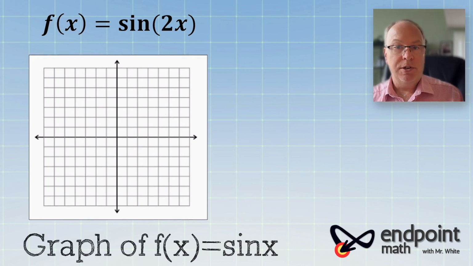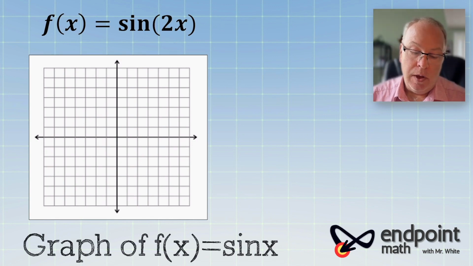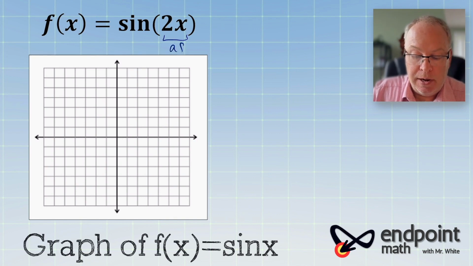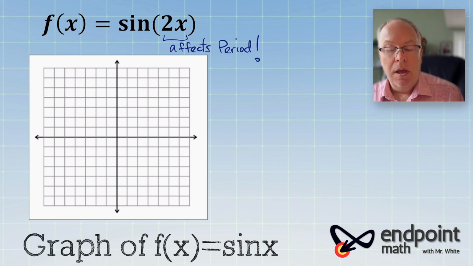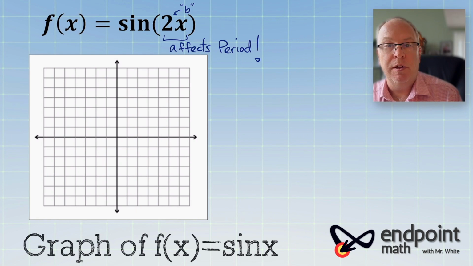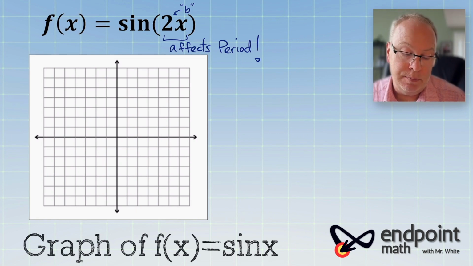What happens if there's a number on the inside of a function? Well, this will change the, let me put it here, affects the period. Affects the period. All right. So a lot of textbooks call this b. This number, this coefficient in front of the x is b.